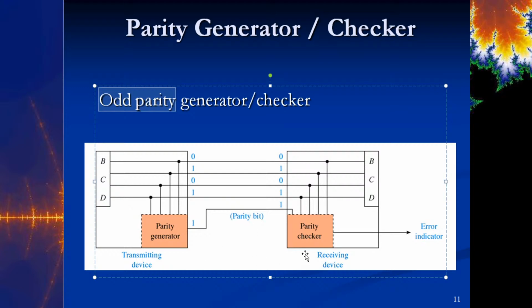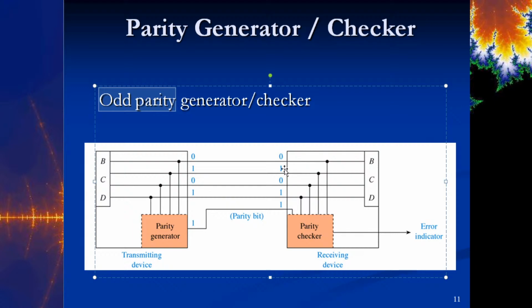And then if you're going to check it in odd parity, 1, 2, 3. There's 3 on the check side, so there must not be an error, okay? On the generation side, we had 3, so all of that information transfers over here. We still have odd parity, and so that will indicate that we do not have an error.